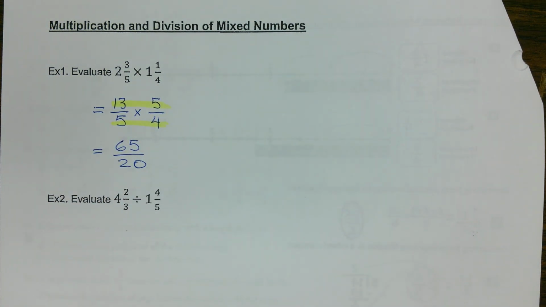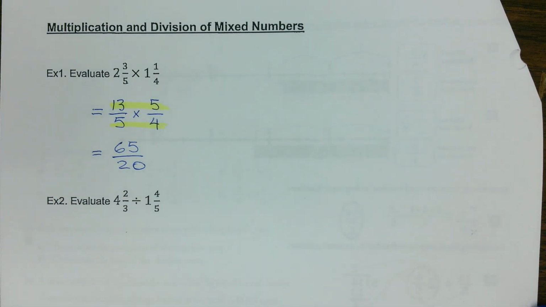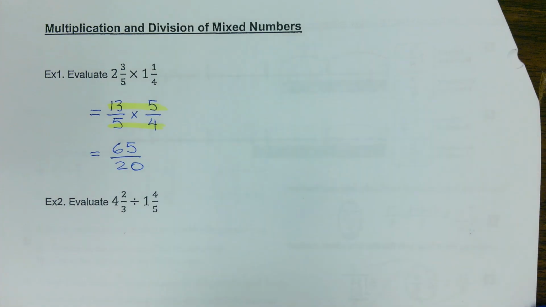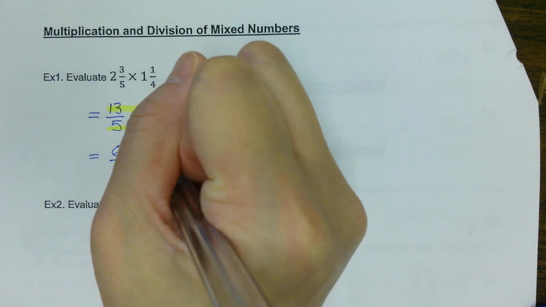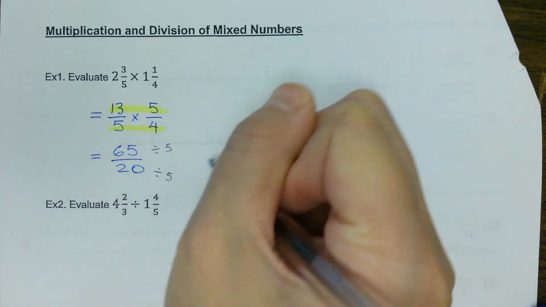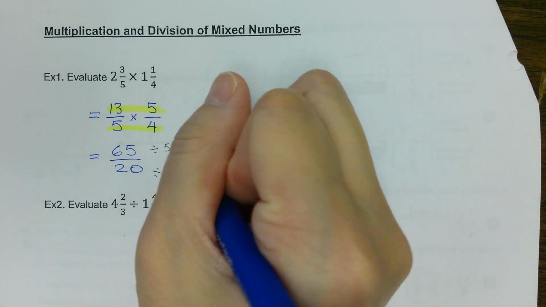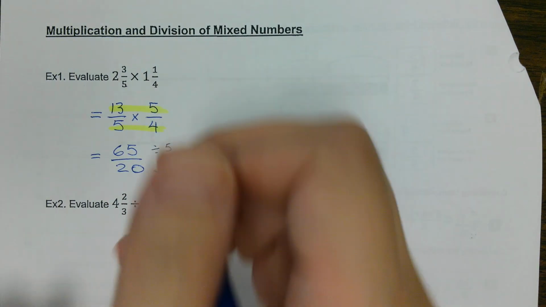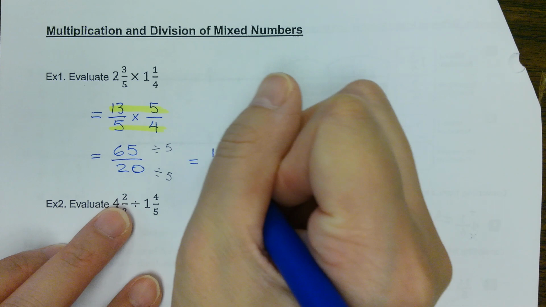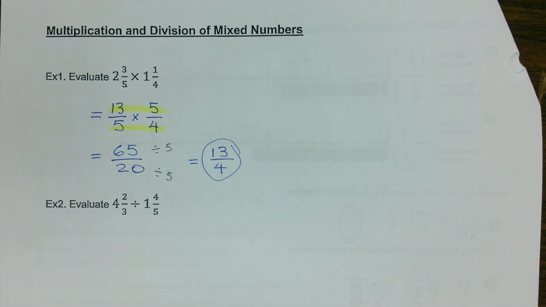And then even though I didn't reduce here, I can reduce in my final answer. It's okay as long as you reduce somewhere in your steps. So I can divide both top and bottom by 5 because I can reduce this fraction. And when I reduce it, I get 13 over 4 as my final answer.